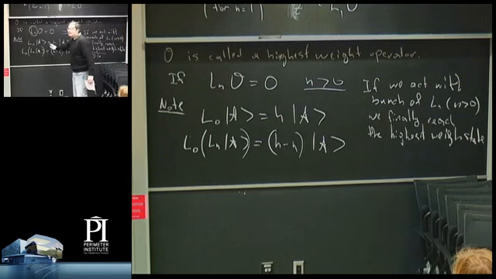Those are the H's, the eigenvalues of the operator L naught in the CFT. So implicitly, this assumes that the L naught spectrum is bounded. It's bounded from below, right?